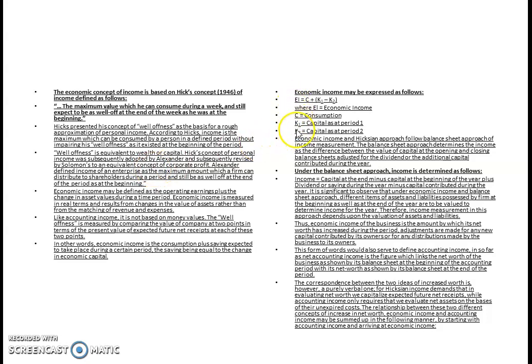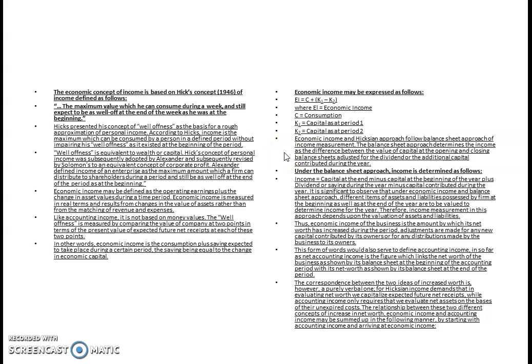I would give it in the form of a formula. Economic income can be simply taken as the total consumption plus the changes in your capital. What do I mean by that? Economic income follows a balance sheet approach.